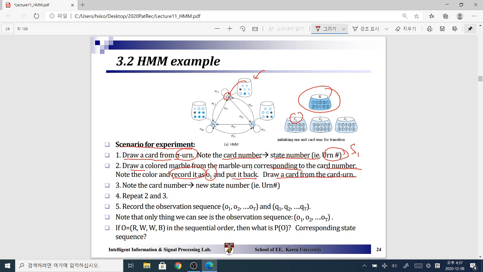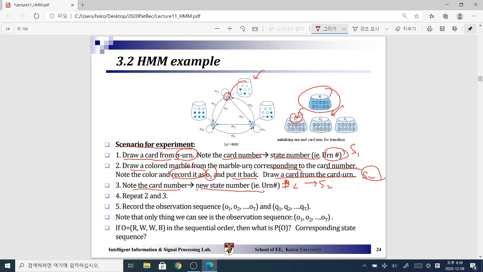And then he draws a card from the card urn, and notes the card number. If it says card number 2, then he goes into state S2, and we note that card number as number 2 in this case, right?